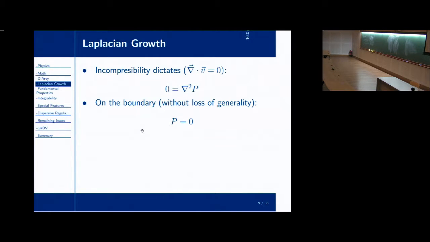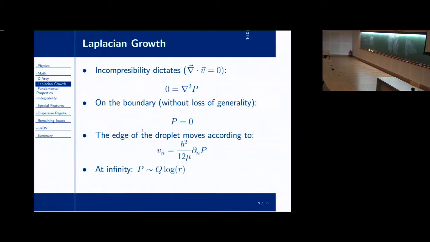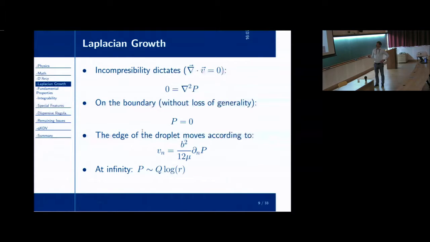So we have a harmonic field with a Cauchy boundary condition on the droplet, simply set to 0. The edge of the droplet moves according to Darcy's law, which means that the velocity of the boundary of the droplet is the normal gradient of the pressure.